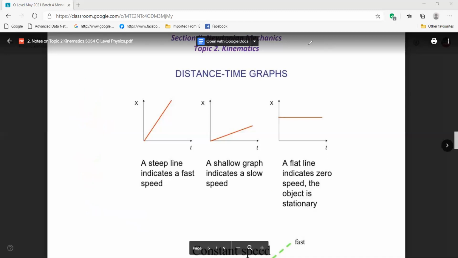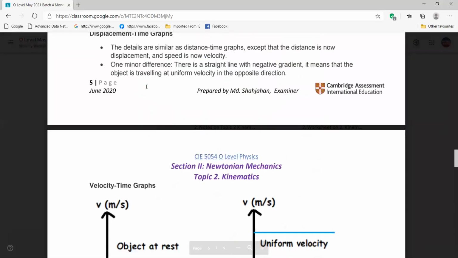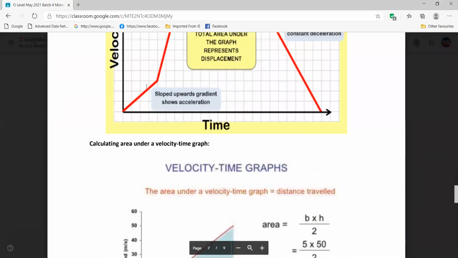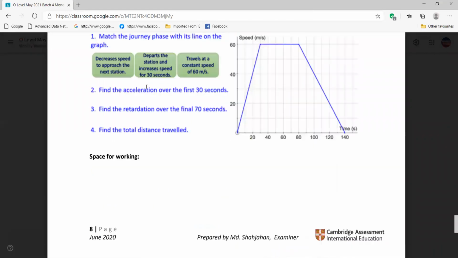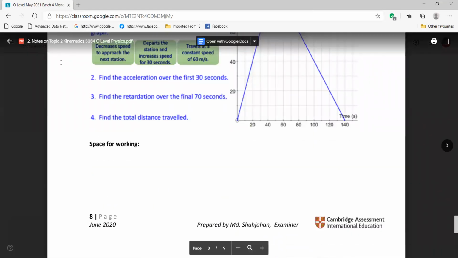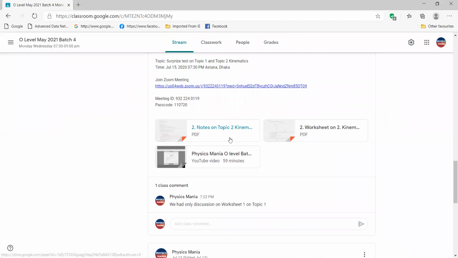Sir, could you repeat because there's a lot of sound in the background and I can't understand. No problem. In the worksheet, we are repeating it. What I am saying is that in our worksheet, after 3 seconds the velocity is 0, right? Yes, sir. I am going to the worksheet.